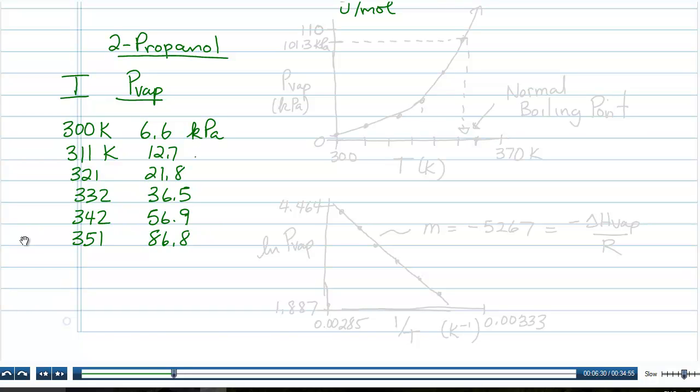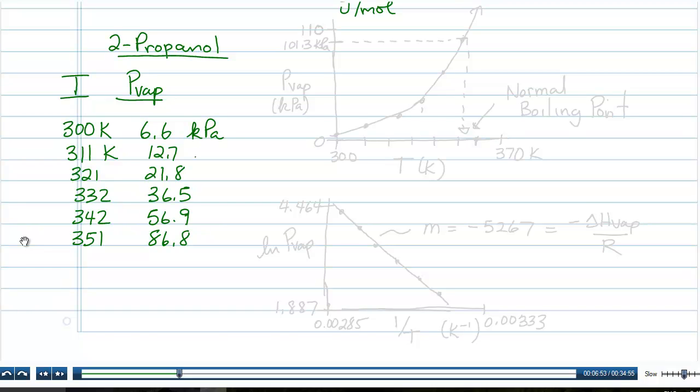Go to L2, put your cursor on the L2 and press clear Enter, and do the same thing for list 3, list 4. In list 1, let's enter the temperatures. So 300 Kelvin, 311 Kelvin, 321 Kelvin, 332, 342, and 351.